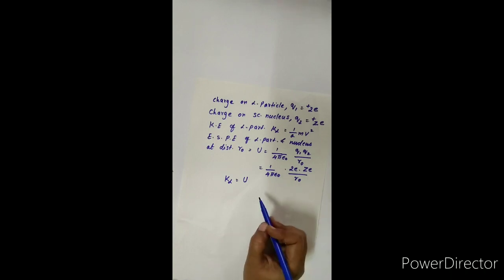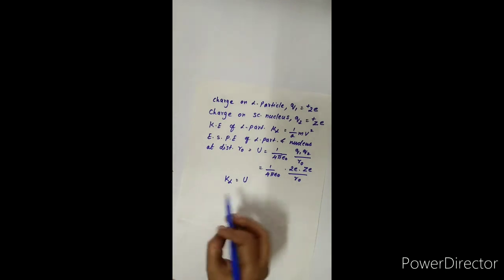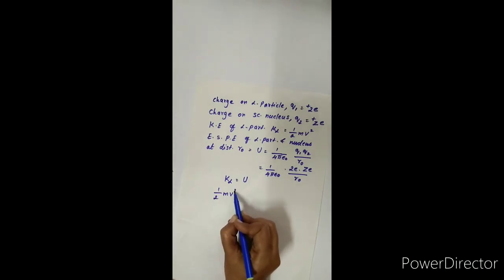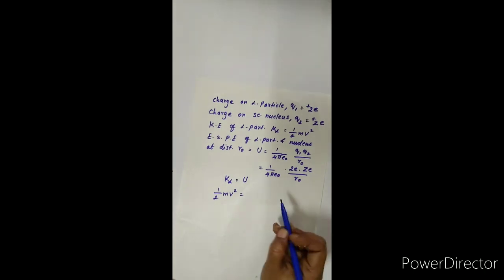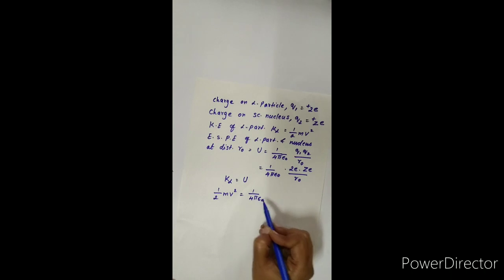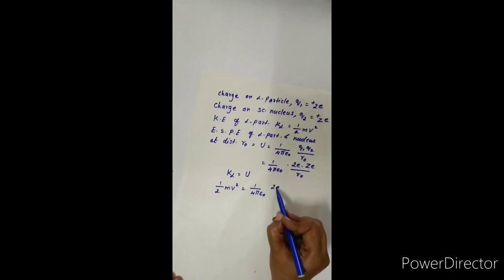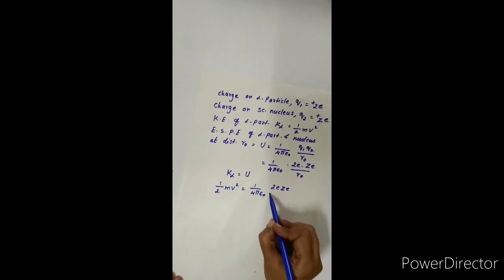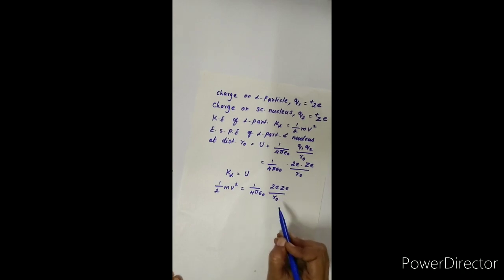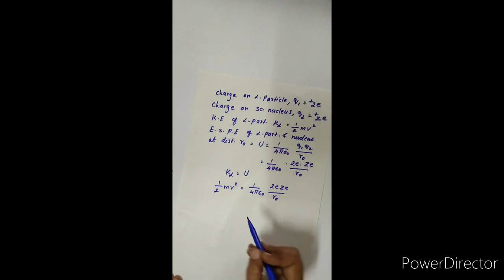So we substitute: half mv squared equal to 1 by 4 pi epsilon 0 times 2e Ze divided by R0, where R0 is the distance of closest approach.